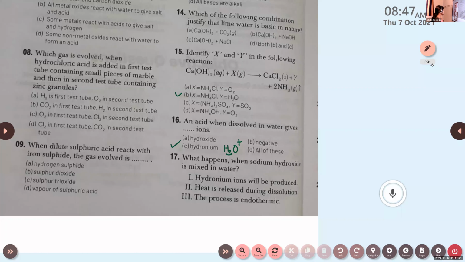So what happens when sodium hydroxide is mixed in water? 1. Hydronium ions will be produced. 2. Heat is released during dissolution. 3. The process is endothermic. And the fourth one is hydroxide ions will be produced. Okay, 2 and 4.